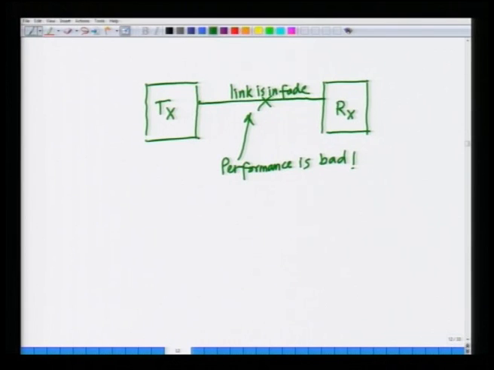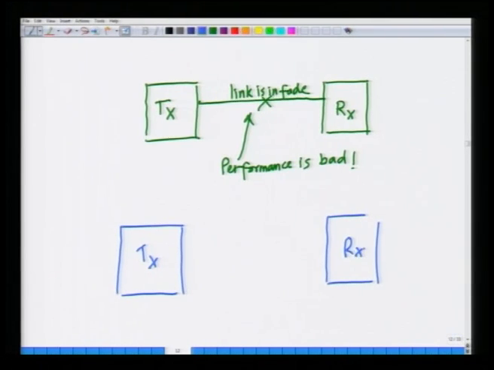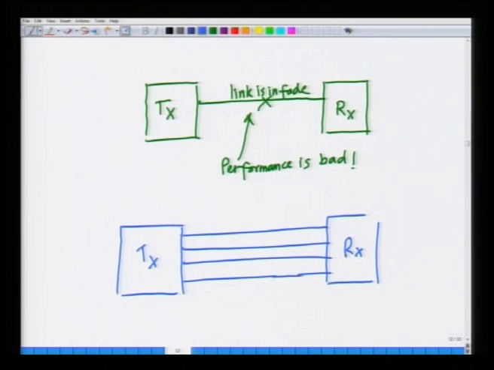So, now one possible method to avoid this problem is as follows, which is a rather simple technique. It is not very complicated. Consider another transmitter and another receiver. I have one link. Now, instead of one link, I can have multiple links. So, in this multiple link system, even if, let us say, 2 links are in a deep fade, the rest of the links can be employed to transmit information.